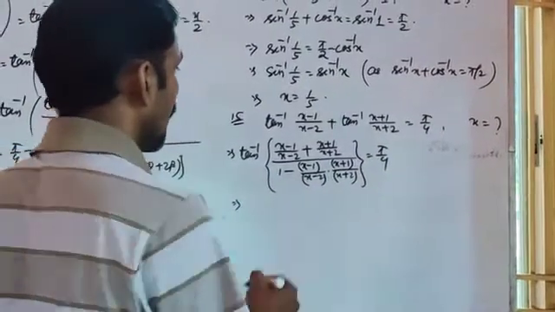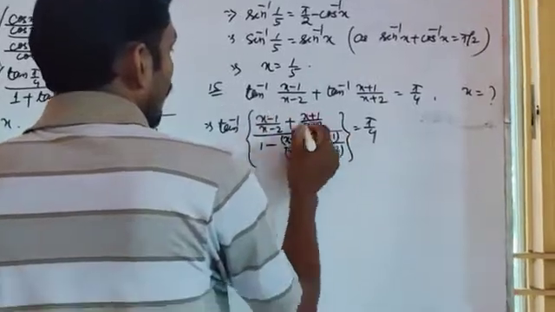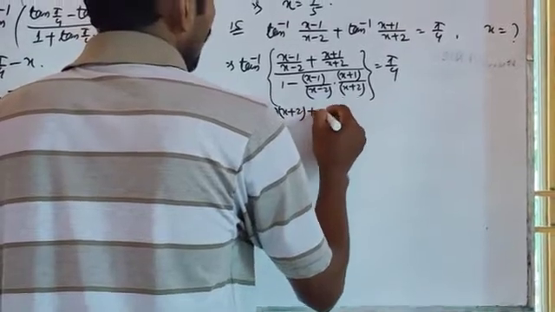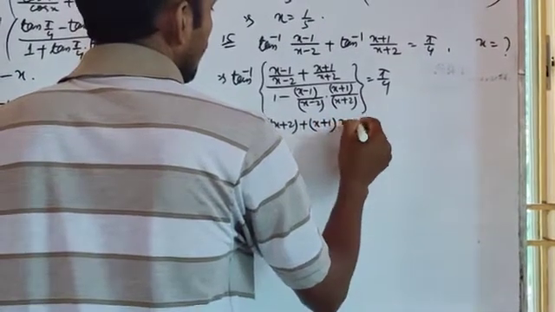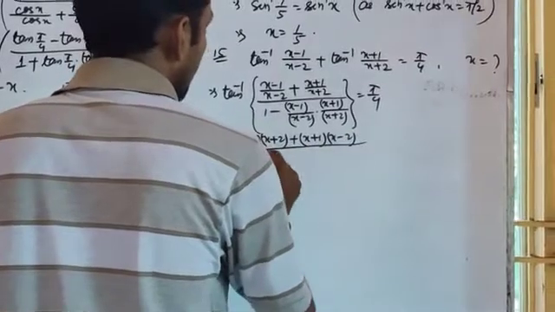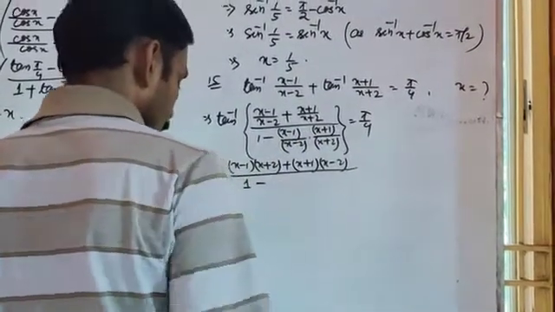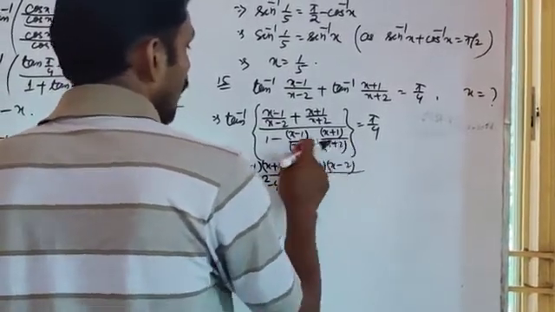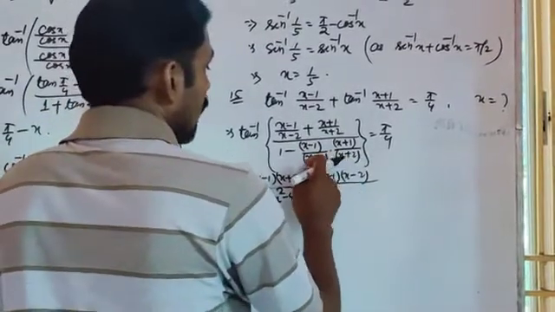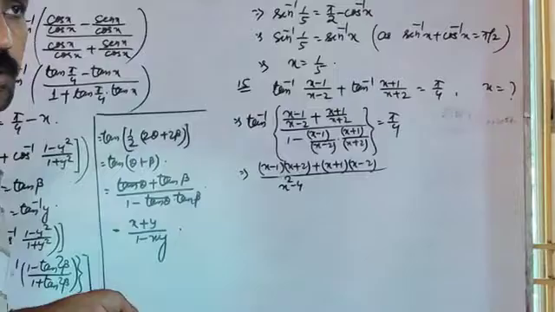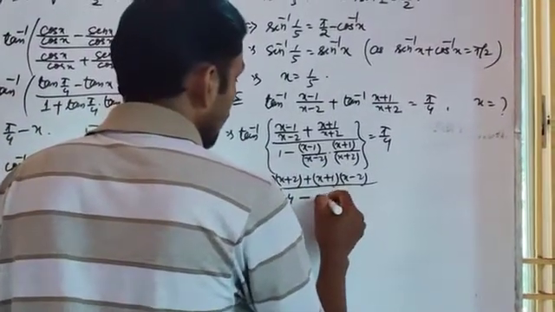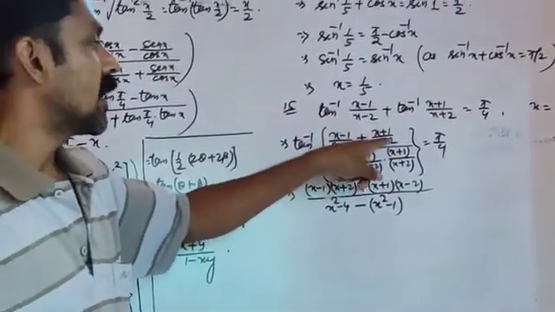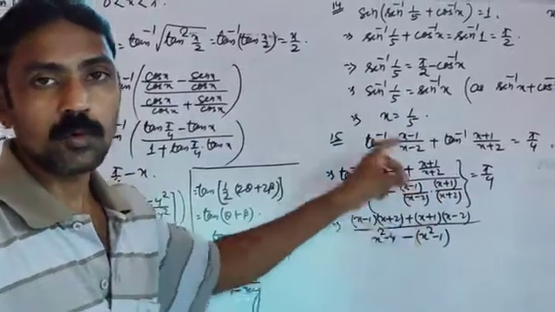This implies that the numerator is x minus 1 into x plus 2 plus x plus 1 into x minus 2, by 1 minus the product. The LCM will be x plus 2 into x minus 2, so a square minus b square gives x square minus 4, minus this, x square minus 1, and your denominator will be the same. The LCM is x plus 2 into x minus 2 here also, so they both will be cancelled.